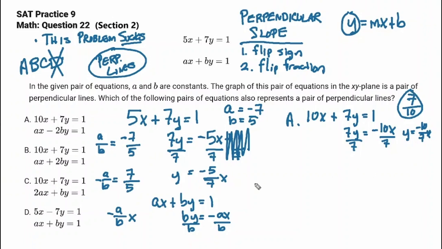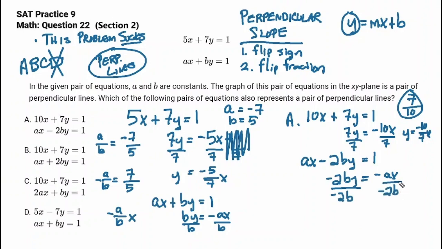The second equation is ax minus 2by equals 1. So negative 2by equals negative ax. 1 doesn't matter. I'm going to divide through by negative 2b.